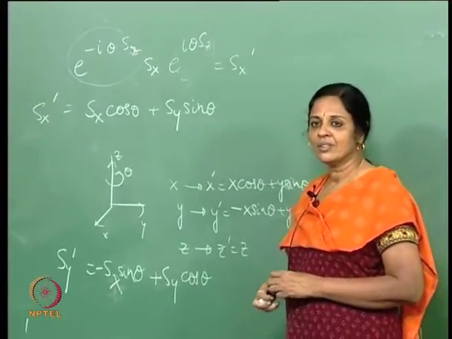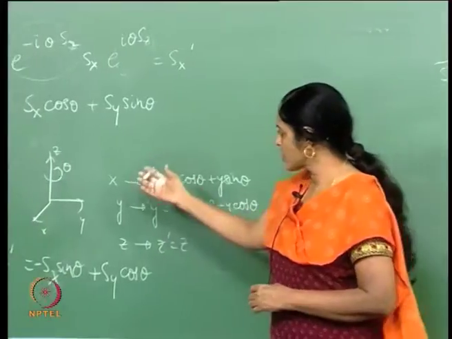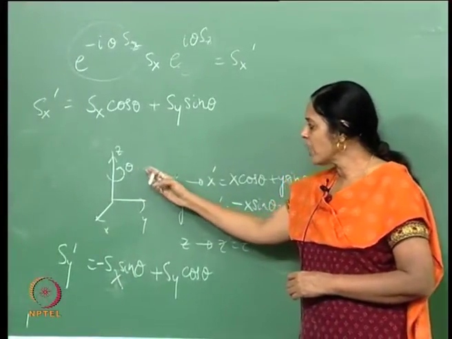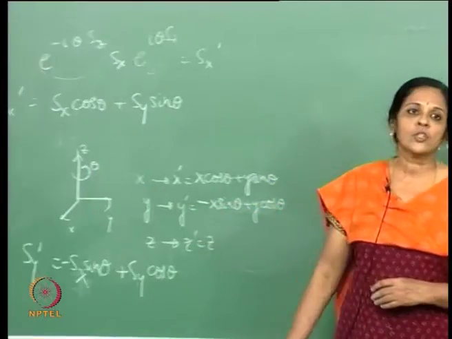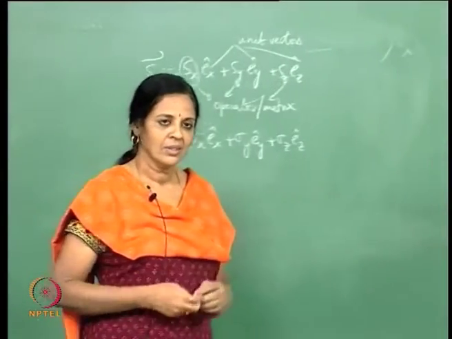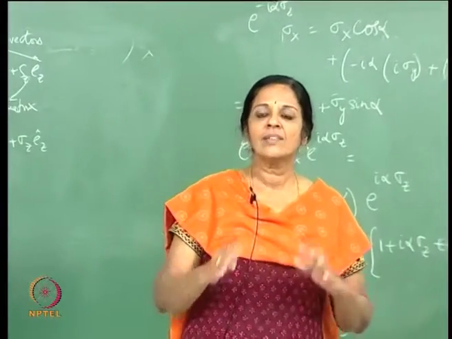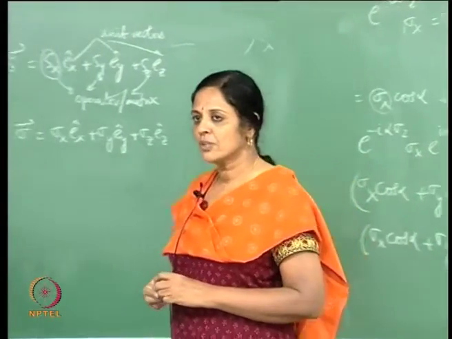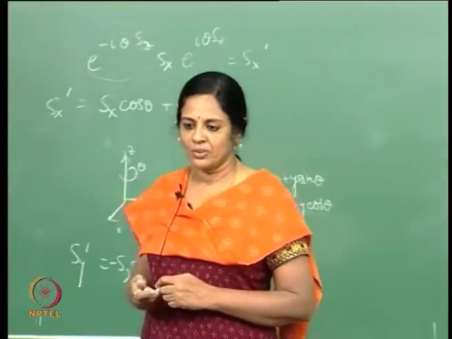Associativity is also there, because I could have done a space rotation in this context by theta 1 plus theta 2 and followed that up with a space rotation by theta 3, or I could have first done theta 2 and then followed it up by a rotation by theta 1 plus theta 3. So, there is an associativity property.